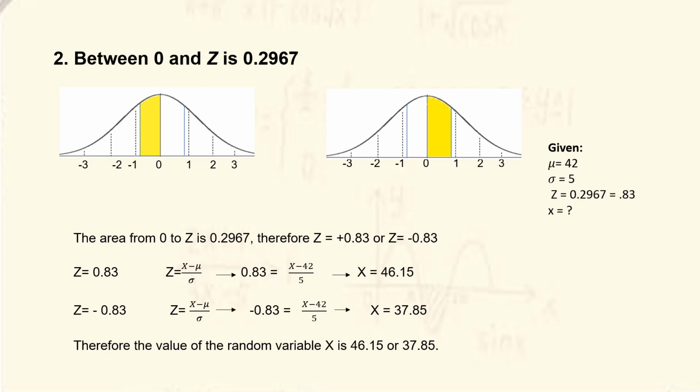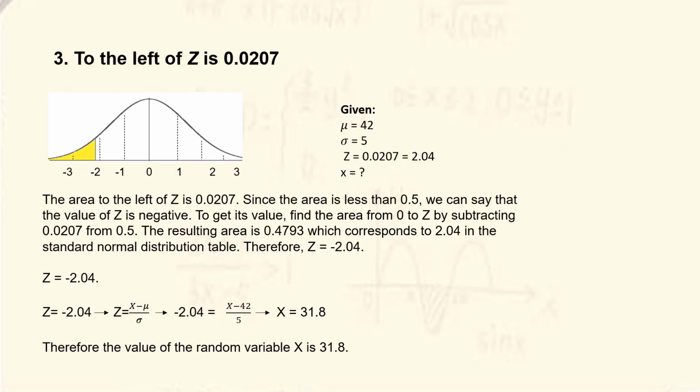However, if z is equal to negative 0.83, again we will be using the formula of standard score and then substitute the given values, and then the value of x, or the answer, is 37.85. Therefore, the value of the random variable x is 46.15 or 37.85.